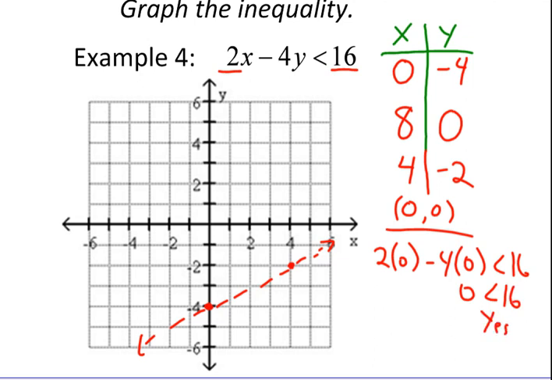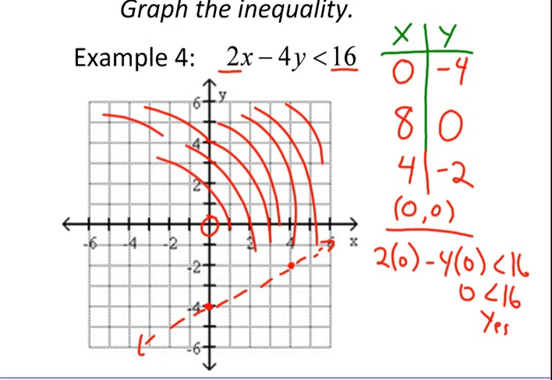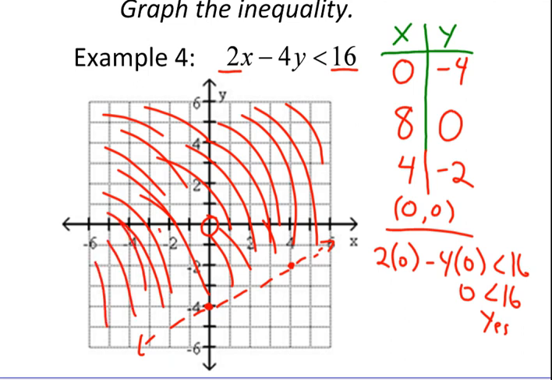Yes. So because 0, 0 right here is included, we shade this whole side. If you have to shade everything, just make sure you show which way you're going. Make it obvious which side you're shading. Okay? Make sure you show it.